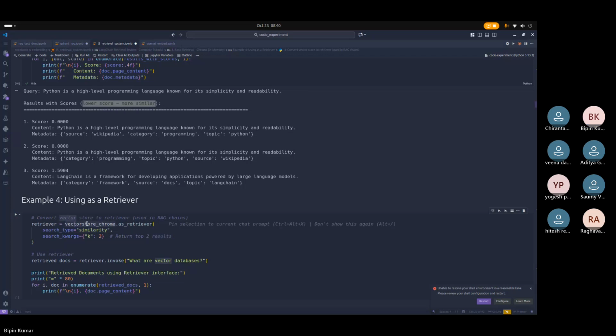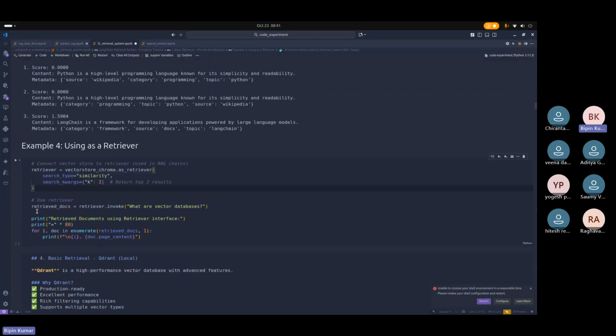You already have vector store chroma, and in that function you have defined the embedding documents. You just make that a retriever, and here you need to mention the search type and the k value. Okay, so this you have created.